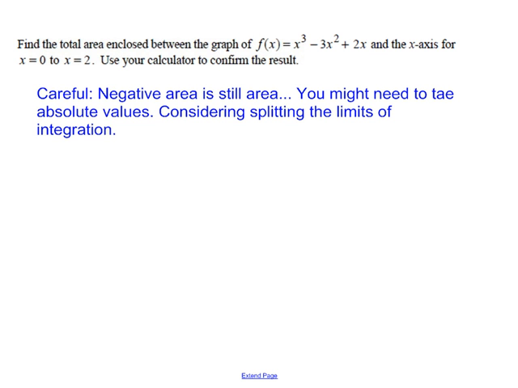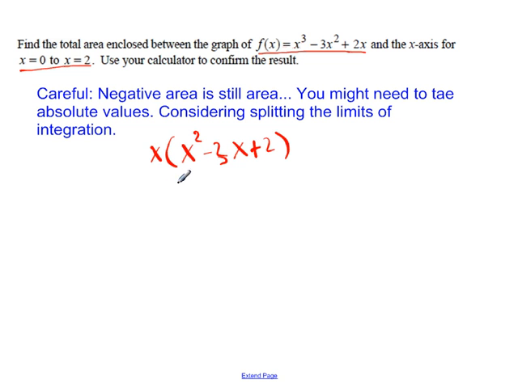Okay, what about this next graph? It says find the total area enclosed between the graph of this polynomial function and the x-axis from x equals 0 to x equals 2. Before we proceed and just haphazardly start taking the definite integral, it's important that we know the shape of this graph. We could take this function, factor out an x, and get x squared minus 3x plus 2.